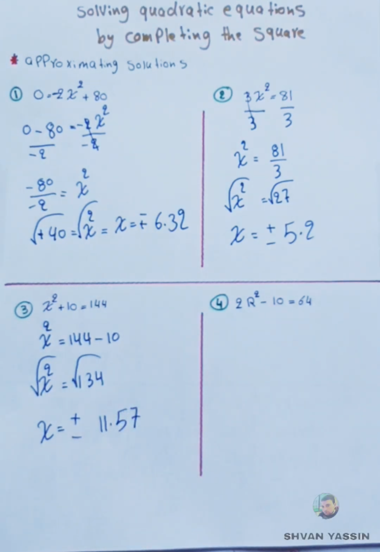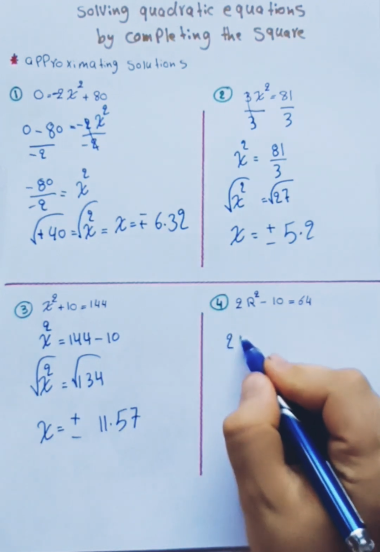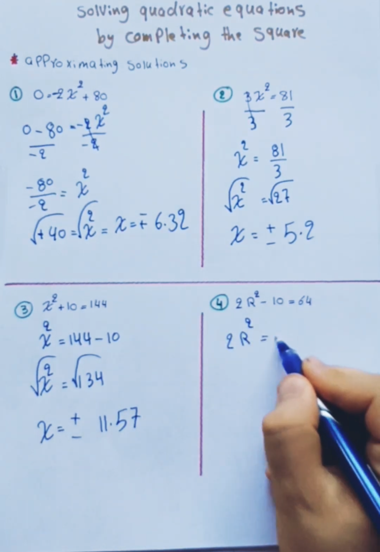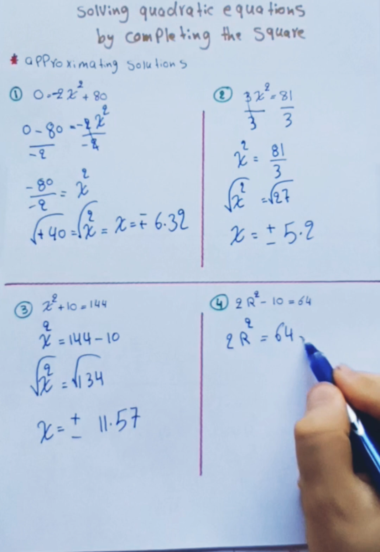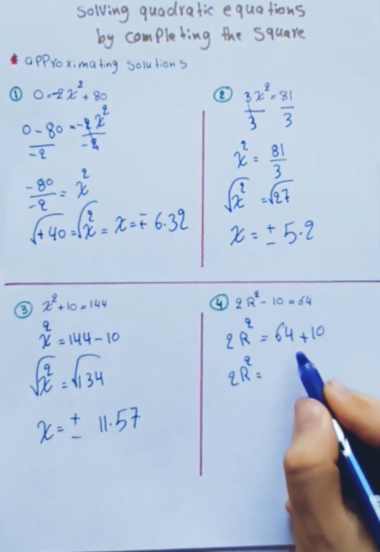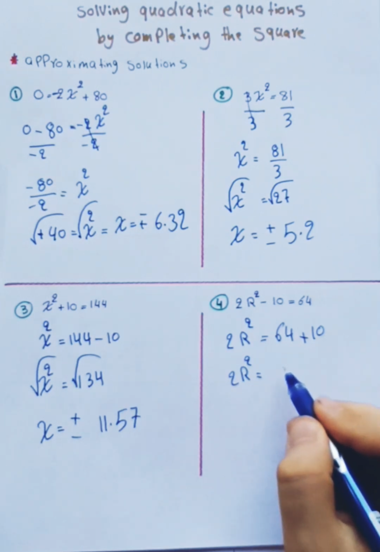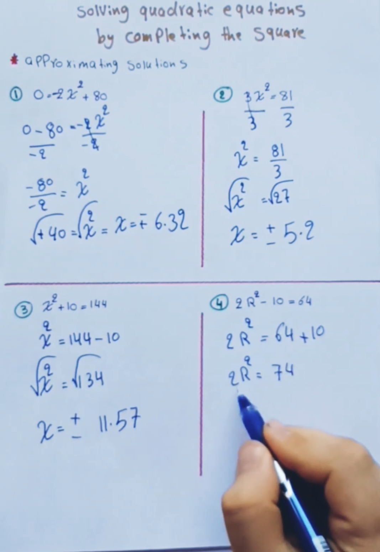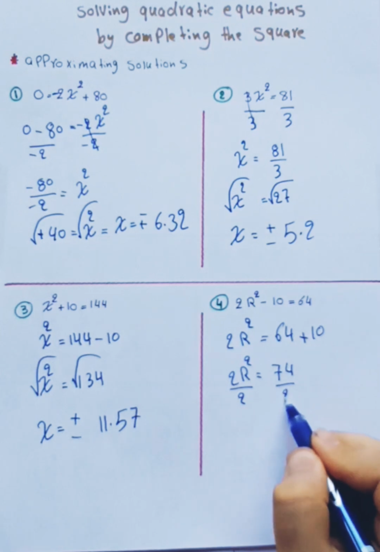Example number 4: we have 2r squared minus 10 equals 64. First, move the negative 10 to the right side. You have 2r squared equals 64 plus 10, which equals 74, and then divide both sides by 2.